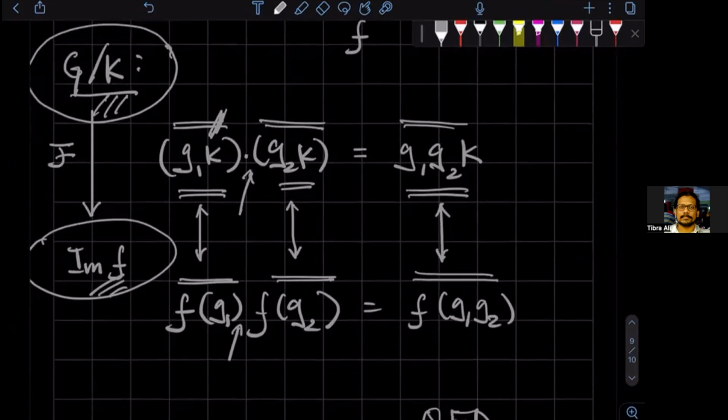What we are showing here is that this group multiplication and this group multiplication preserve the binary structure, and therefore this map that we were talking about before is a group homomorphism, and because it's one-to-one and onto, it's an isomorphism. I see. I think I get it.